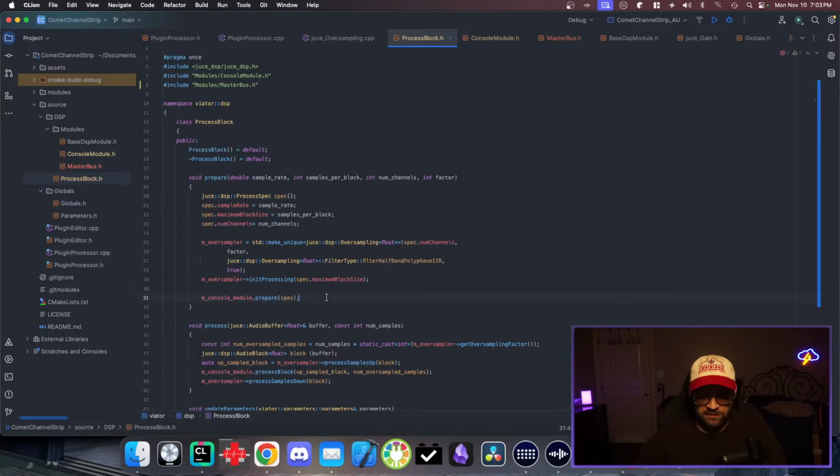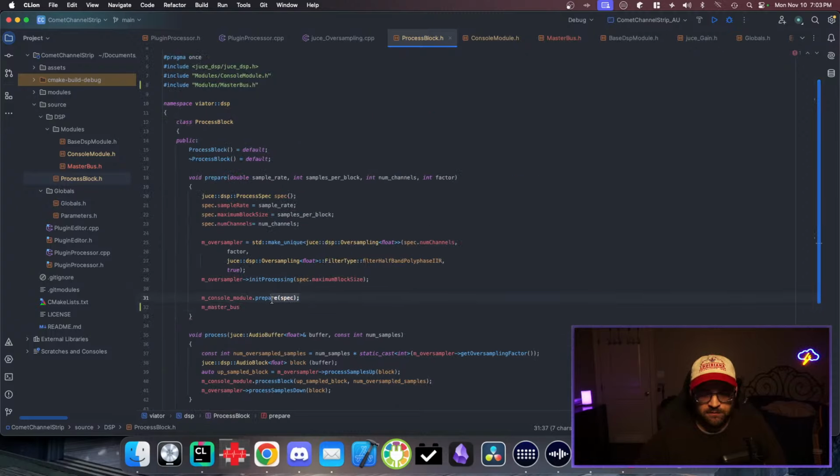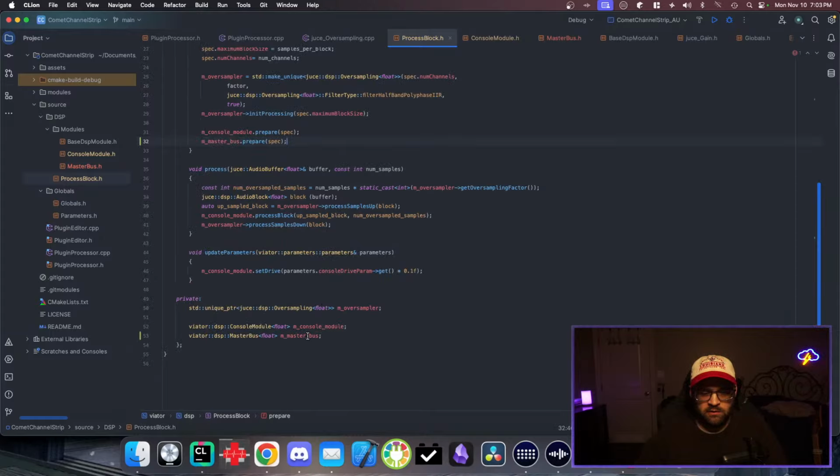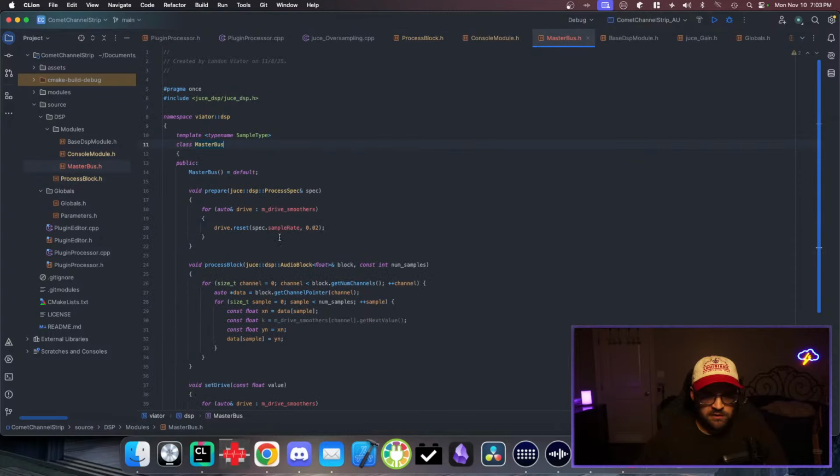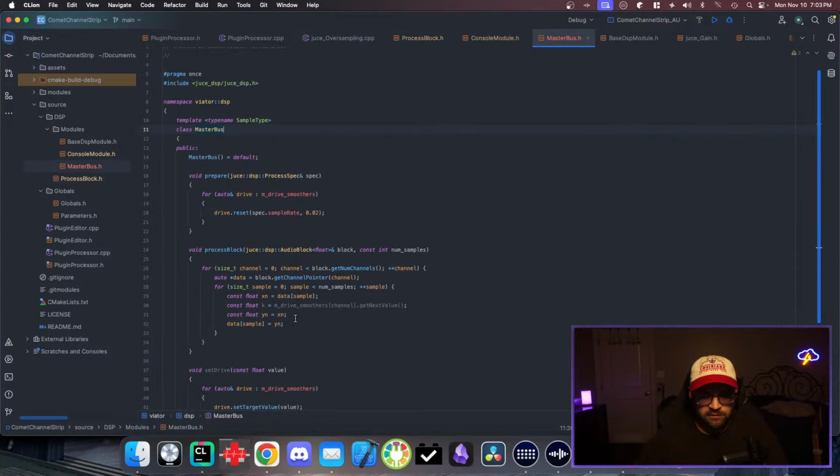And we'll do all the same prepare stuff, and we will call process. Now by default, we should get no change, right? We're just passing the input to the output. So let's do that real quick and make sure it works.